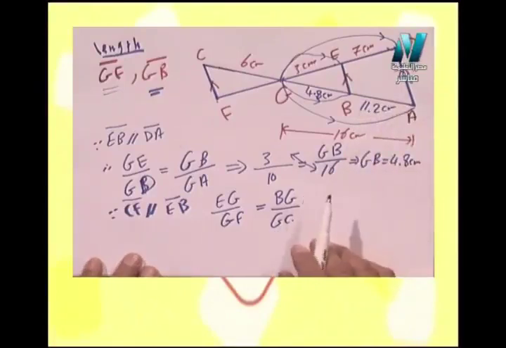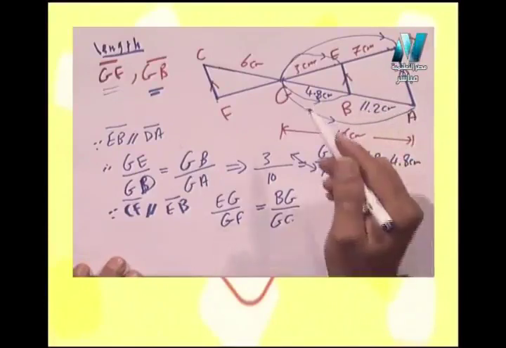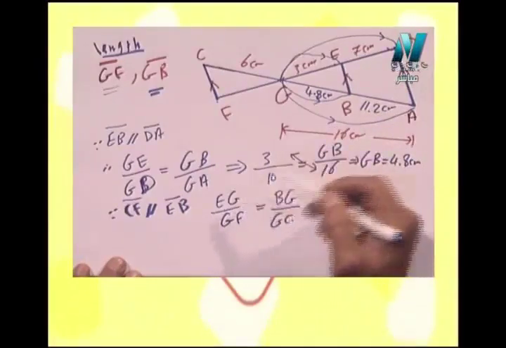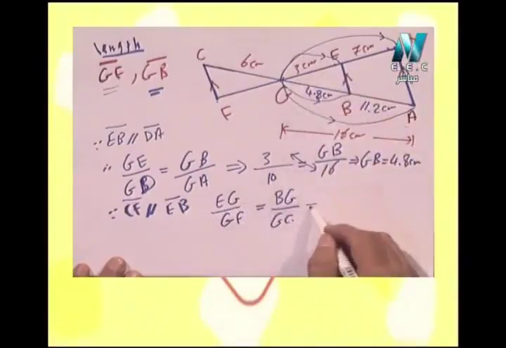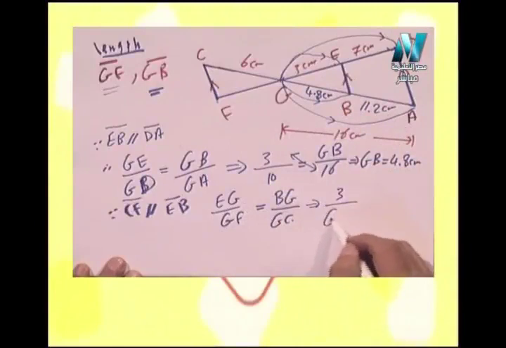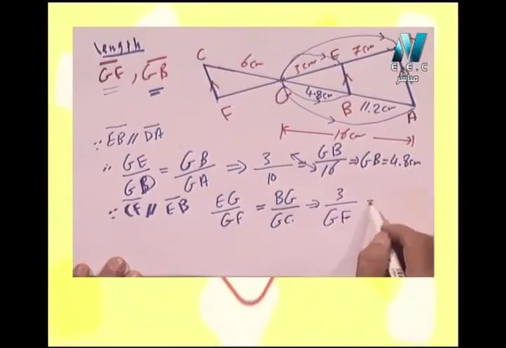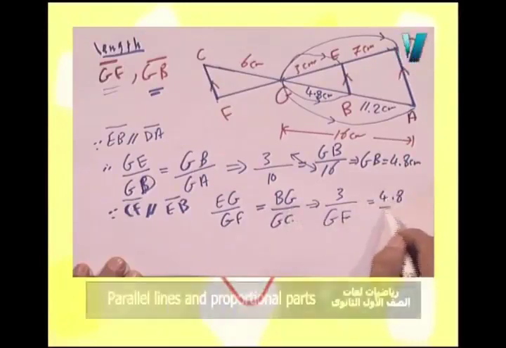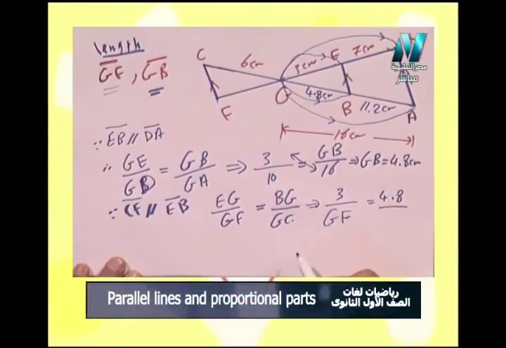If you want it. Here we have EG. EG here equals 3 centimeter over GF. We don't know it. It's unknown. And GB equals 4.8 over GC equals 6 centimeter.